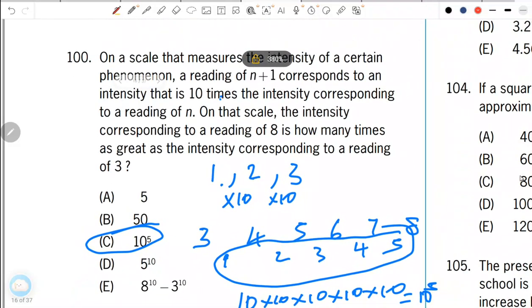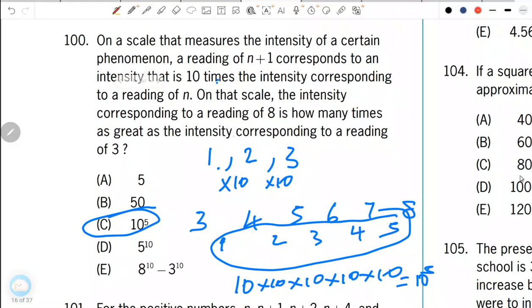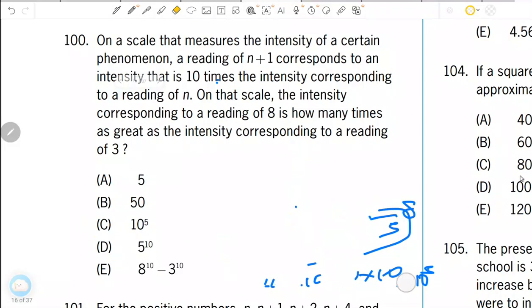So let's see. On a scale that measures the intensity of the tremor, a reading of n plus 1.